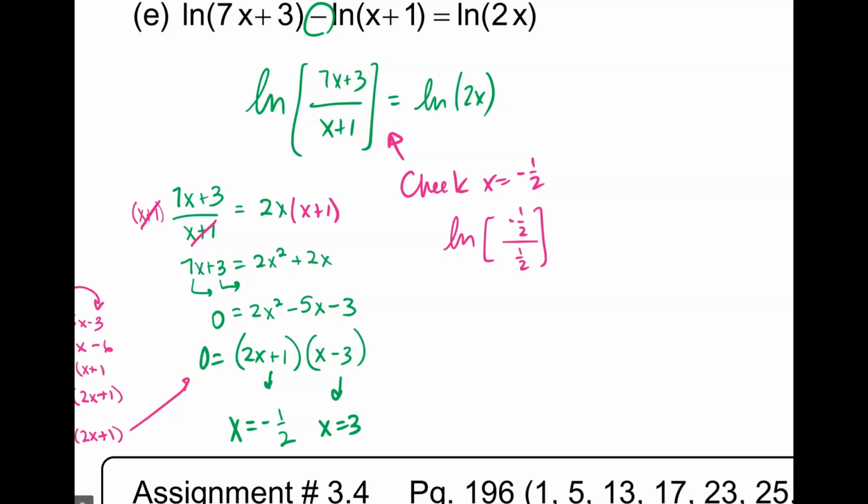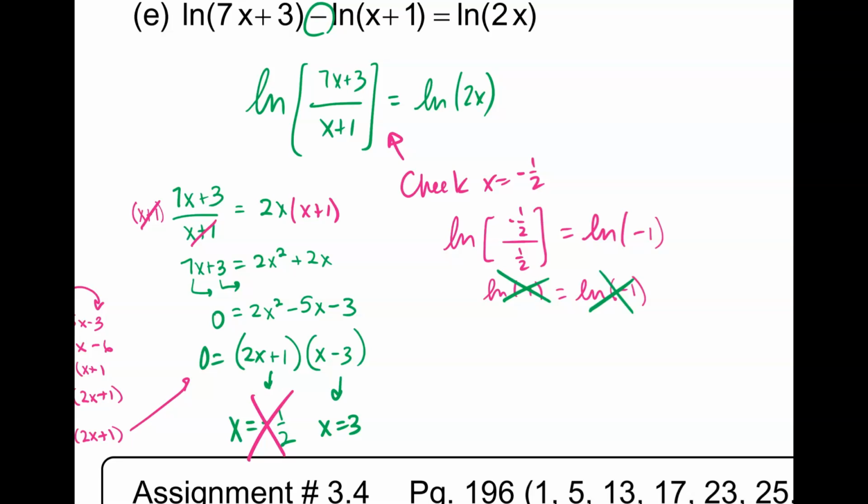Oh, so this is literally negative 1. This is taking ln of negative 1, which I can't do. And the right side, I have ln of, let's see, negative 1/2 times 2 is negative 1. So although this is technically true, right? Ln of negative 1 is equal to ln of negative 1. You can't take ln of a negative number. This is not a solution. Goodbye. Okay, cross that out.